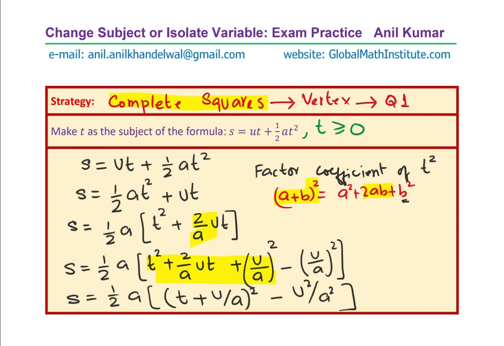Do you see that? Now this is a very complicated step, and therefore this type of change of variable or isolate variable questions we normally see for year 9 to 11.